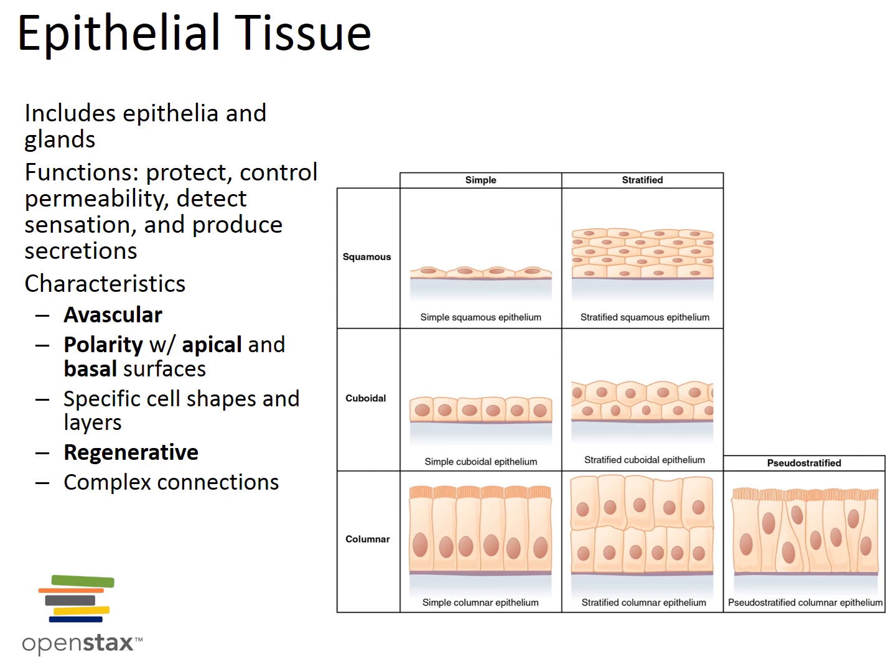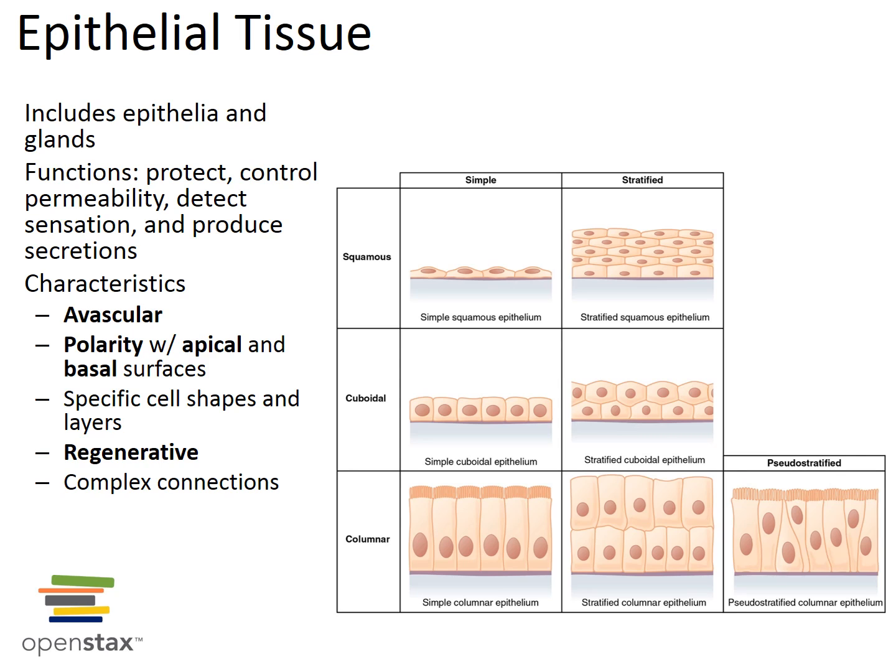The apical surface may bear microvilli, is composed of closely packed cells, and the apical surface can also have cilia, like in the lining of the trachea. And you can see that epithelial tissue can be arranged in different forms.